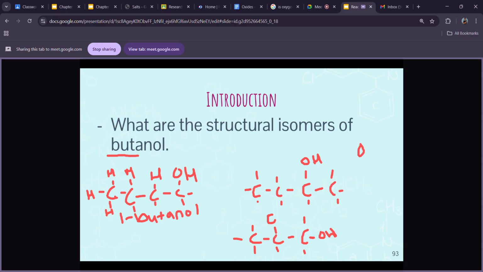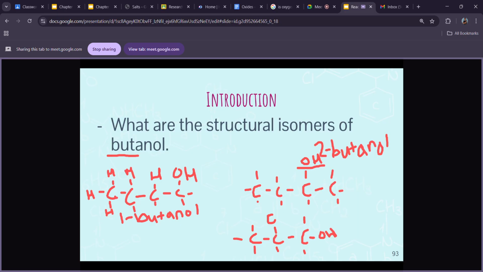We have alcohol, so it's going to be -ol, and since it's 4 carbons, the prefix is going to be butanol, and we need to identify the position of the alcohol as well. So it's going to be on 2, it's going to be 2-butanol.